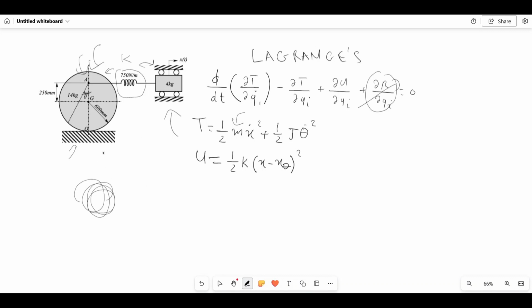Because it is rolling, it will have an angular motion. And when we have angular motion, the kinetic energy is written half moment of inertia of the object rotating multiplied by the angular velocity. That's why it is half J theta dot square. Okay, I understand this. Do you understand the potential too, my friend? Yes, I got that one.